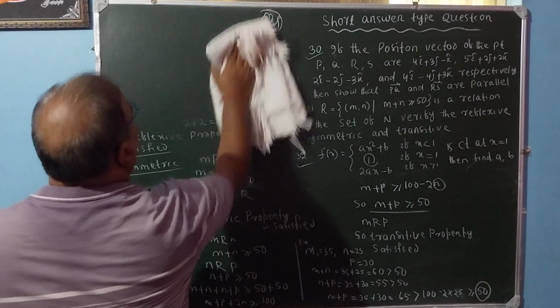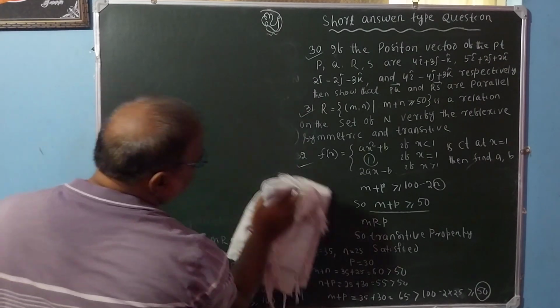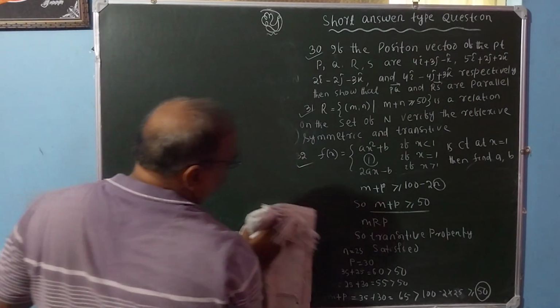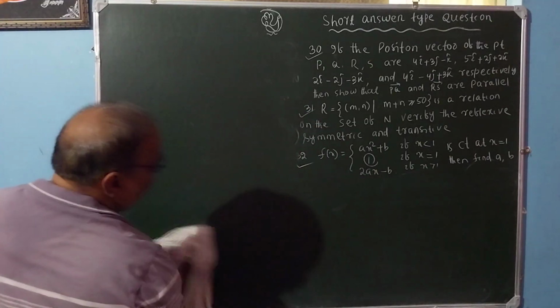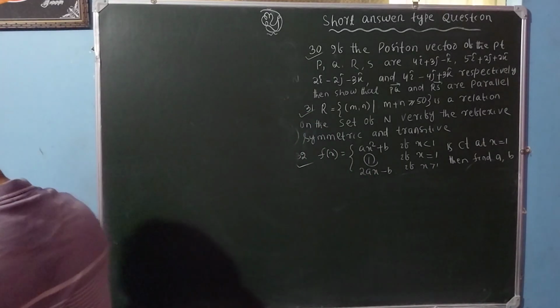We know two vectors A and B are said to be parallel if one of the vectors can be expressed as a scalar multiple of the other vector.